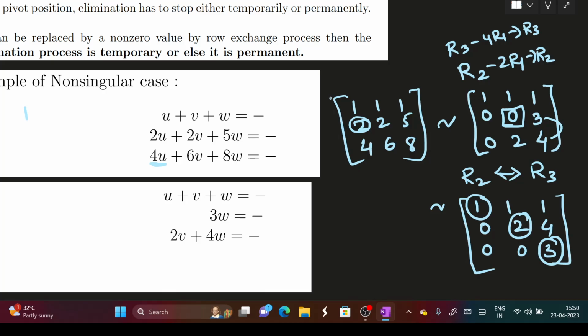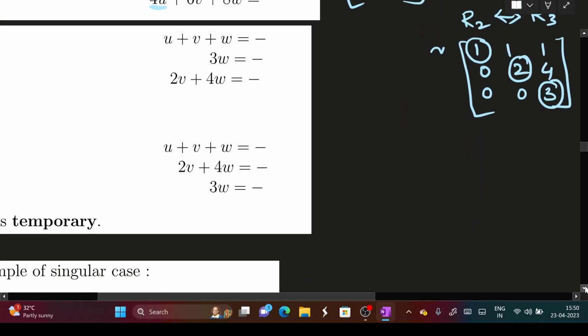Now by doing row interchange, I am getting all these non-zero pivots. So it is a temporary breakdown. So this is all about temporary breakdown. Now let us go for a permanent breakdown.